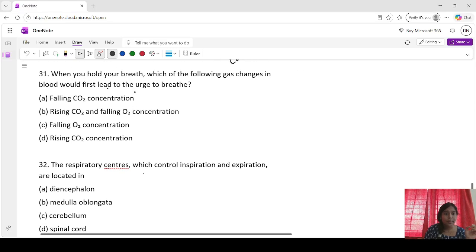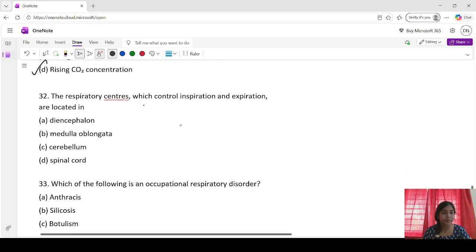Then when you hold your breathing, which of the following gases in the blood would first lead to urge to breathe? When there is rise in CO2 concentration, there will be urge to breathe, because I have already told you in the previous part that the breathing mainly depends on CO2 concentration and not O2 concentration. So it is called chemical regulation of respiration.